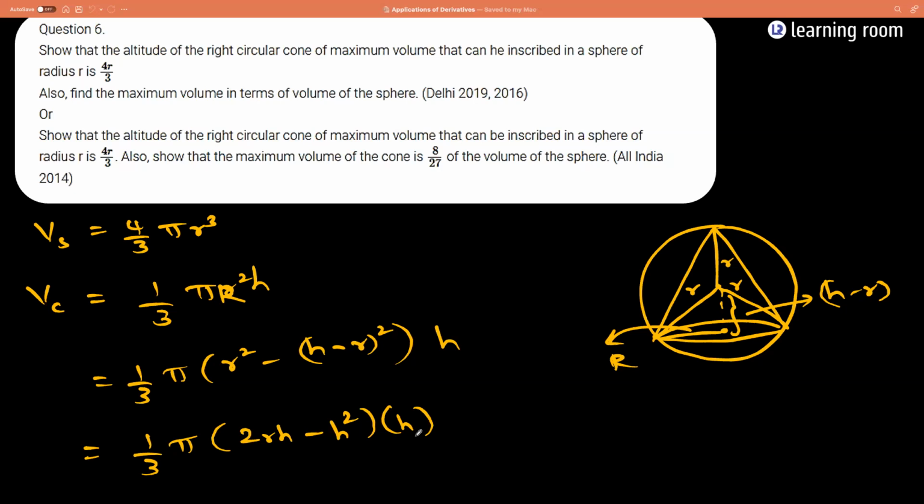So is it not a function of one variable? So 1 by 3 pi into 2r h square minus h cube. So differentiate it, equate it to 0, you'll get the value of small h in terms of small r. And tell me what is the value.